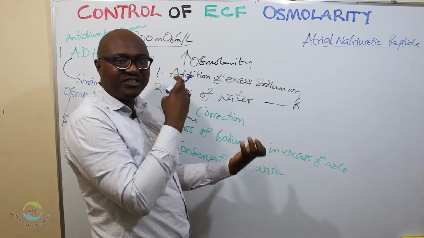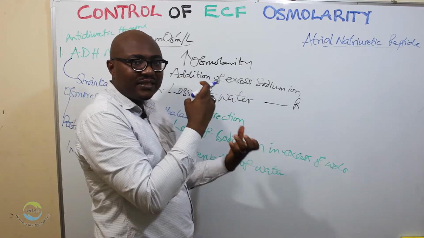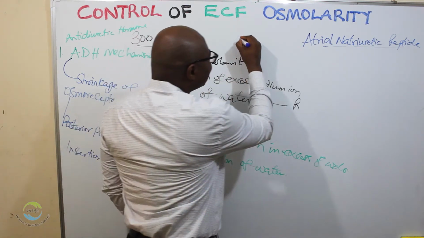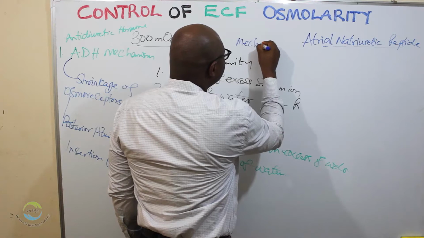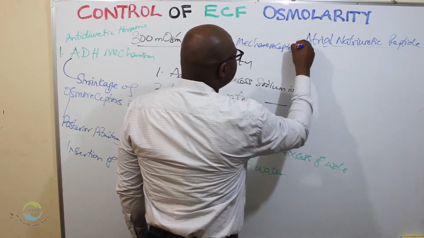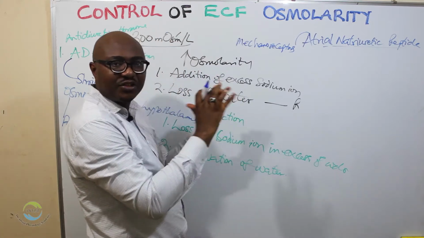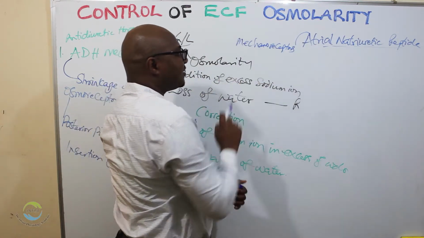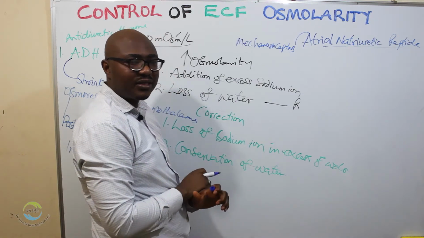That increased stretching is detected by mechanoreceptors. So there are mechanoreceptors in the walls of the atrium. So when they detect that increased stretching, they release ANP, atrial natriuretic peptide.